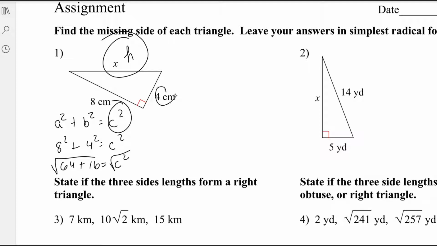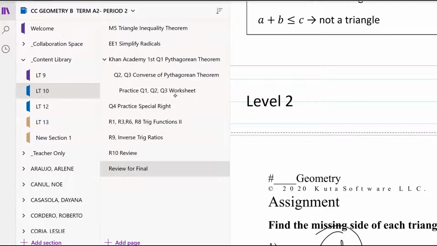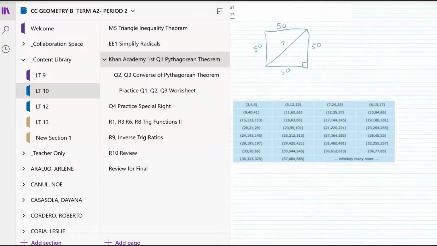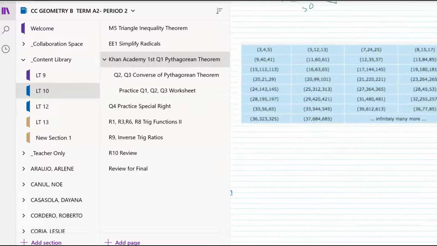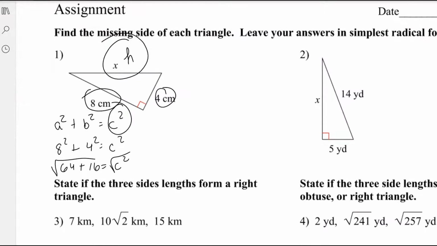You also want to be watching out for Pythagorean triples. That was on the first page of notes. Special Pythagorean triples: you want to keep an eye out for those, because you can save time if on the test you realize, oh, that's a Pythagorean triple.